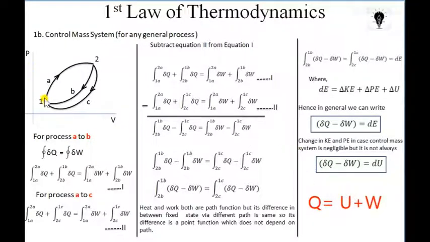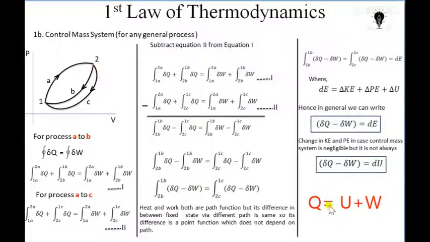And between two common states 1 to 2, if a transformation of the system takes place along any process, it will be the same: del Q minus del W is equal to dU. All the heat interaction minus all the work interaction equals dU, and that will be the same along any process drawn between two common states, initial and final.